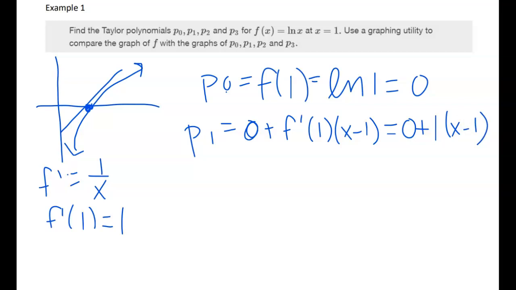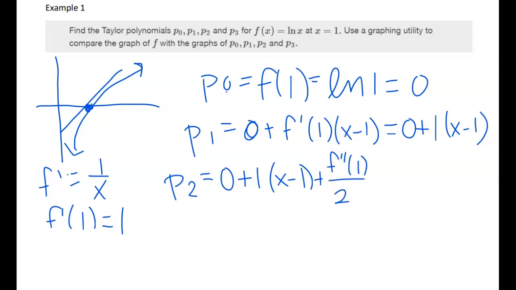Let's say I want to figure out a second degree polynomial. So p2 is all of that, 0 plus 1 times x minus 1. But then I need to add the second derivative at 1 over 2 factorial times x minus 1 squared. All right, so what's the second derivative?